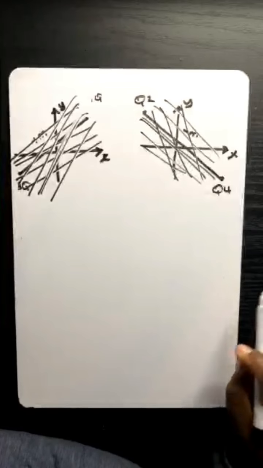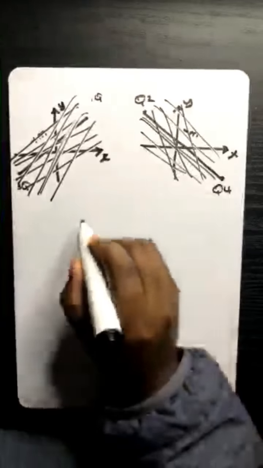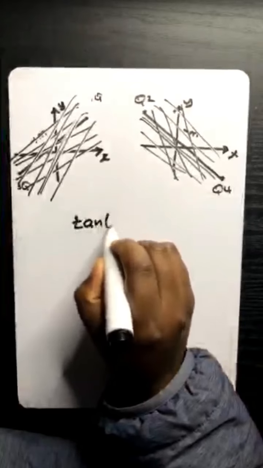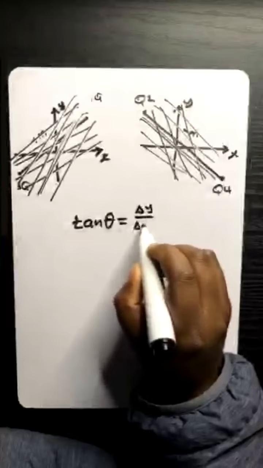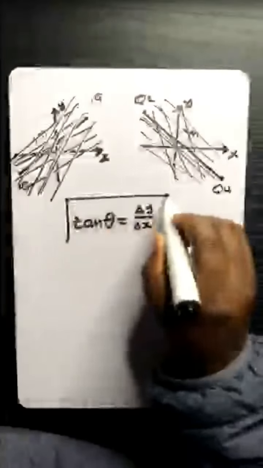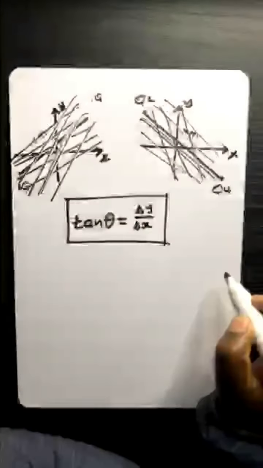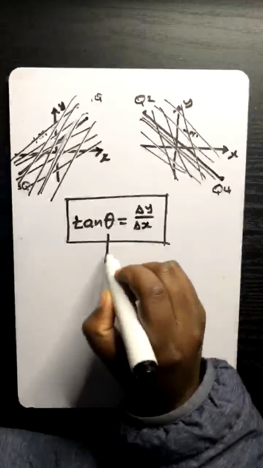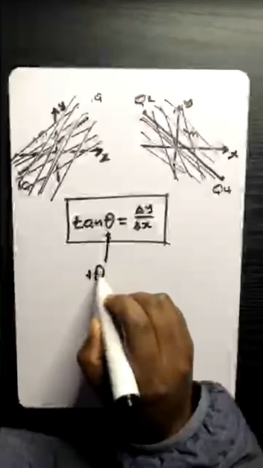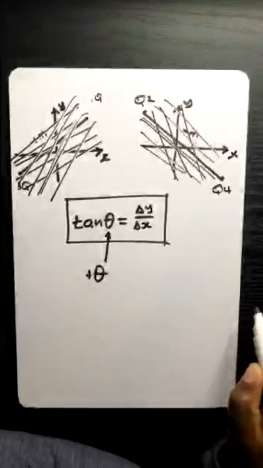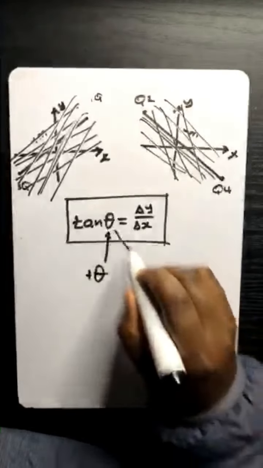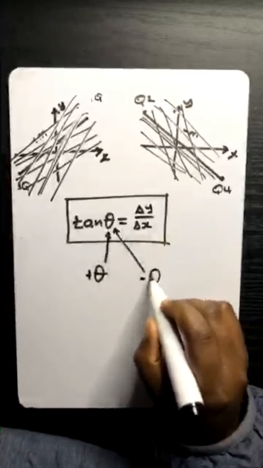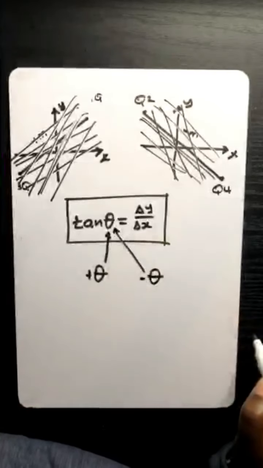Why am I telling you this? It's because when you use this formula, tan theta equals change in y over change in x, in some instances you might have a positive value of the angle, and in some instances you might have a negative value of the angle.